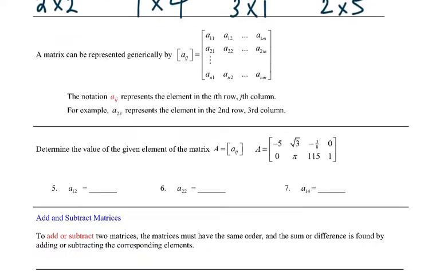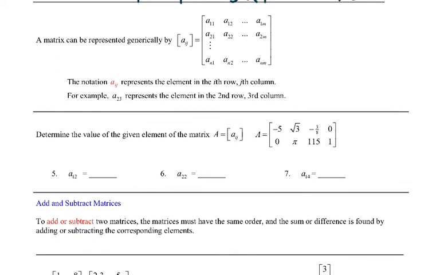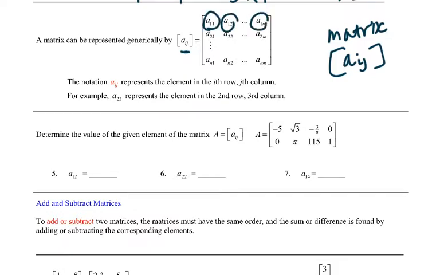Now, there is a general way to represent a matrix based on its elements. If we look at this example, we have a sub i j. This is saying the matrix created by the elements in these positions is equivalent to the element in position 1,1, the element in position 1,2, all the way till we get to a sub 1,n.